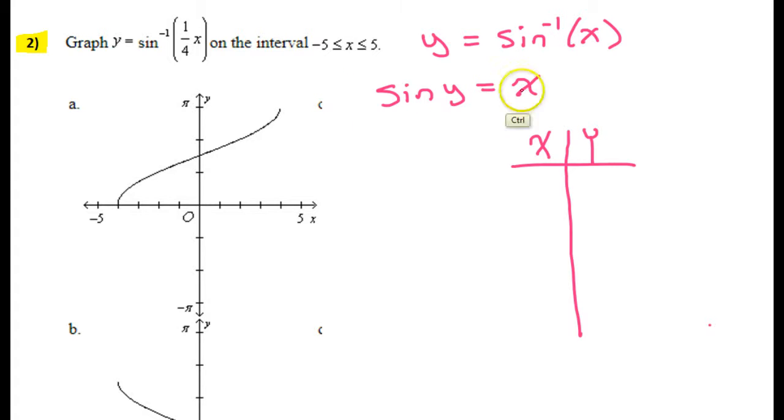Using this version of the equation, if I start with y, I can come up with x values. So I'm going to choose some y values and then find the x values. But I need to be a little bit careful about how I pick my y values. Let's look at a little diagram of the unit circle.